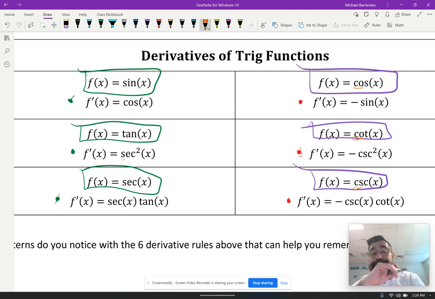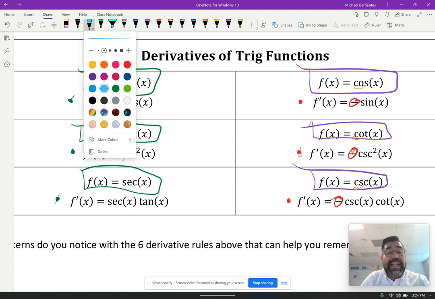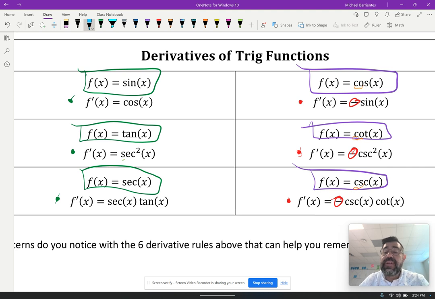They're co-functions. But notice that all of their derivatives have negatives. So that's one of the patterns I noticed, because when I look at all the derivatives of the left side, these are all positive derivatives. But the second thing I need you to focus on and maybe notice is that all of the co-function derivatives, which are negative, also follow the format of the derivative rule of its neighbor.